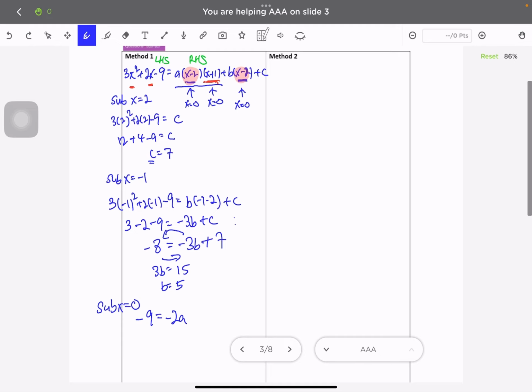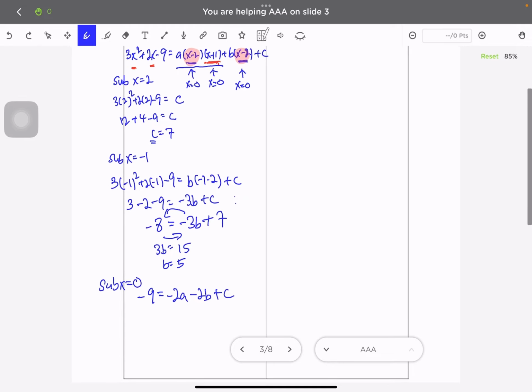So minus 2 times b will be minus 2b. Plus the c outside. Since I already know the value for c and b, I will just substitute inside: minus 2b will be 5, plus c will be just plus 7.